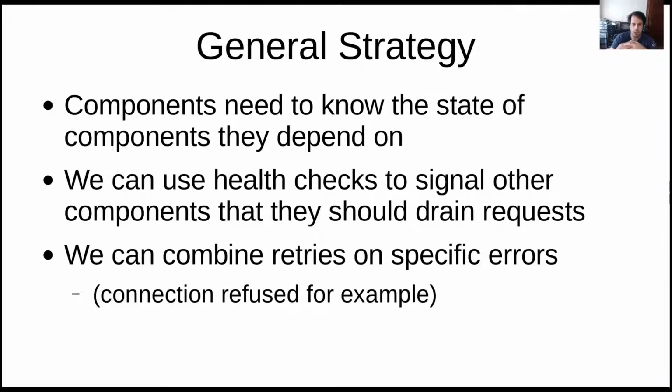Usually to signal that you're about to go down and another instance is about to replace you, we can use health checks, and we can combine that with some retries. We'll see a bit later in the demo exactly how to do this with Envoy, to recover from network failures without propagating them back to the user as a 500.